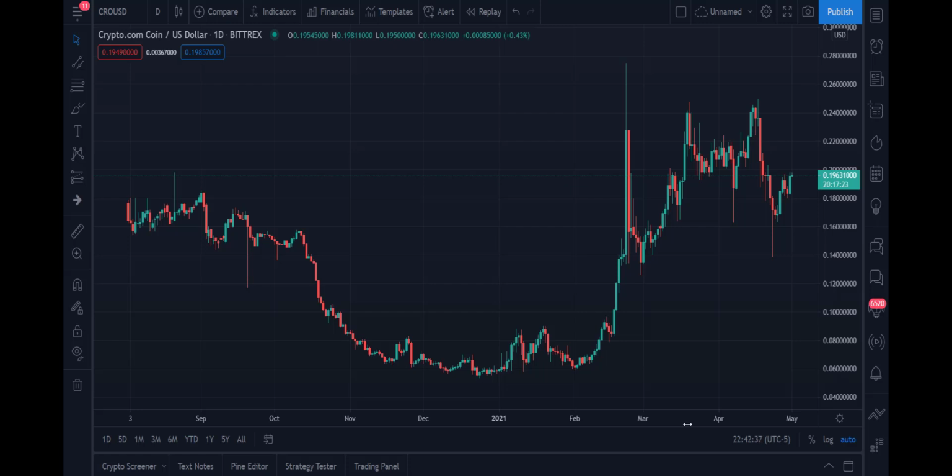So much of what I trade right now is trading at all-time highs, and it's nice to find an asset, a coin, a stock, anything that still has some room, where you're not buying at the high, but you could expect it to retest highs. So that's why I'm looking at this one, CRO, versus the US dollar here.